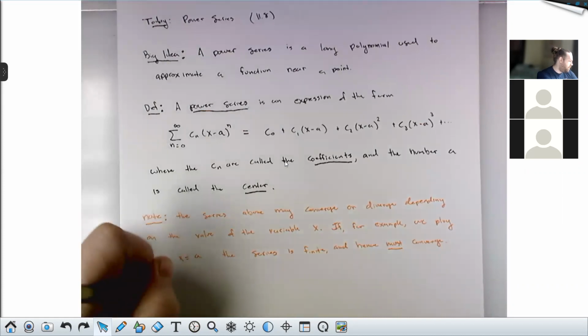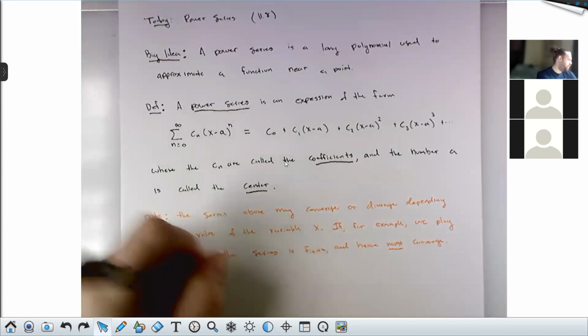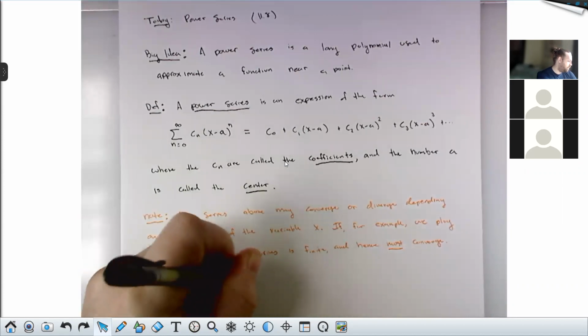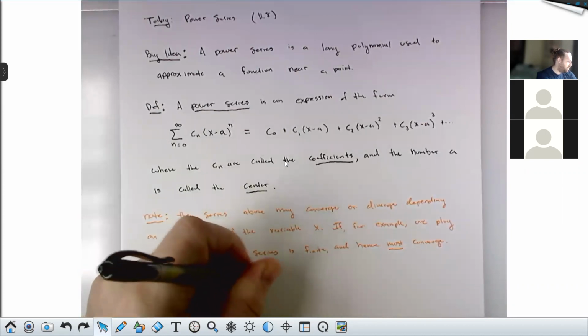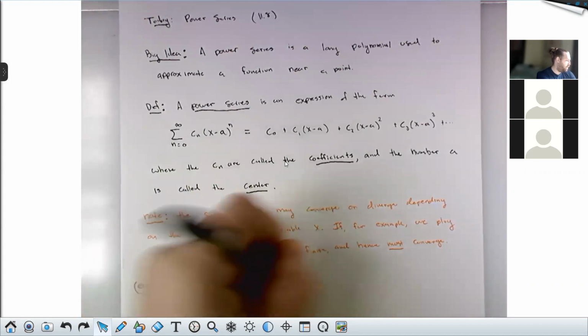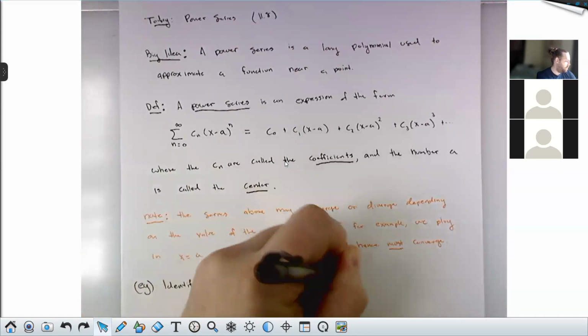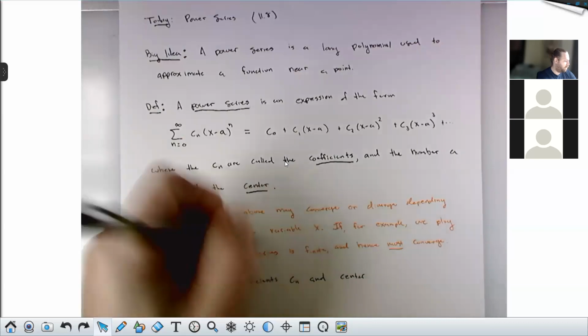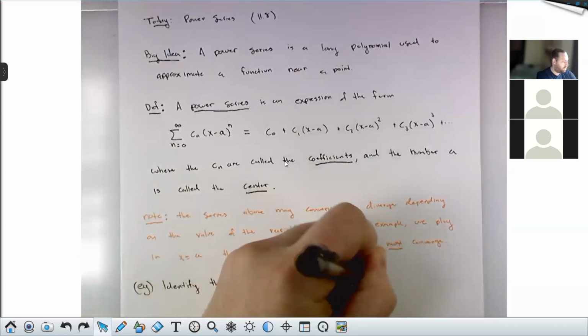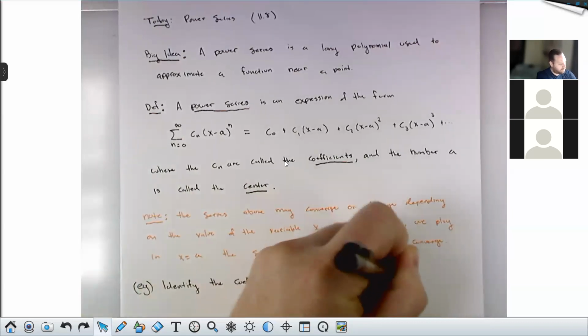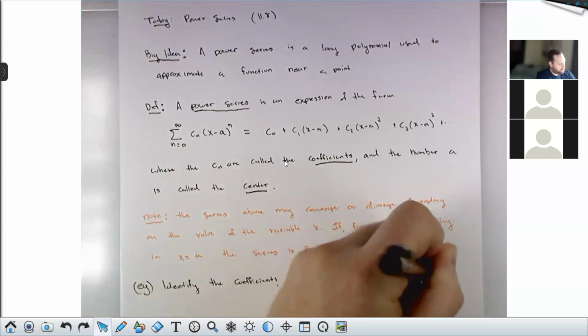So let's say identify the coefficients Cn and center a of the power series.